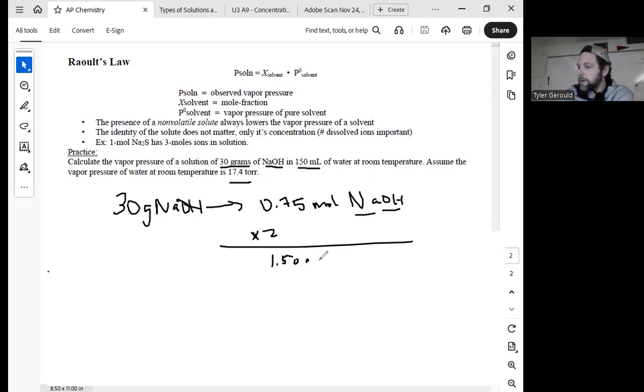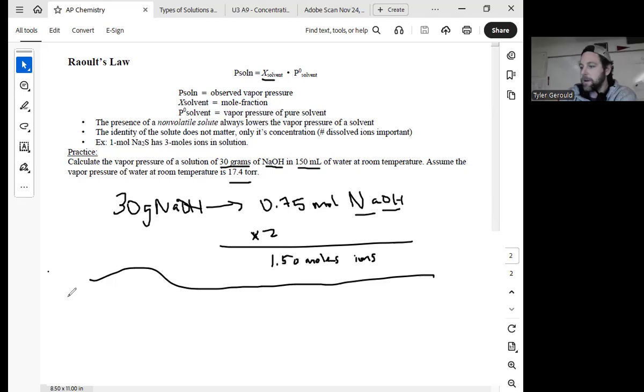And that's going to be what we're going to use in the total moles calculation for the mole fraction, because we need the mole fraction of the solvent. So moles of ions, and then I went ahead and calculated the moles of water. So when you divide 150 grams of water, because the density of water is 1 to 1, 1 gram equals 1 milliliter.